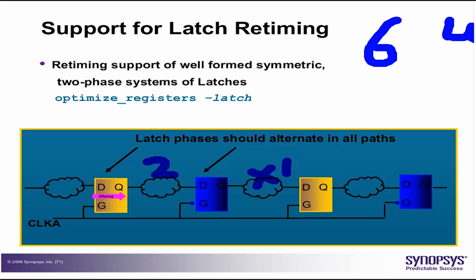Why? When this launches data, the data will come here 4 ns after the closing edge. At that time, if this latch is open, data will shoot through like a combinational block. A latch during the transparent phase is like a buffer. So the data will go through here, and at the capture edge, the data will be available after the sum of delays of cloud 1 and cloud 2.